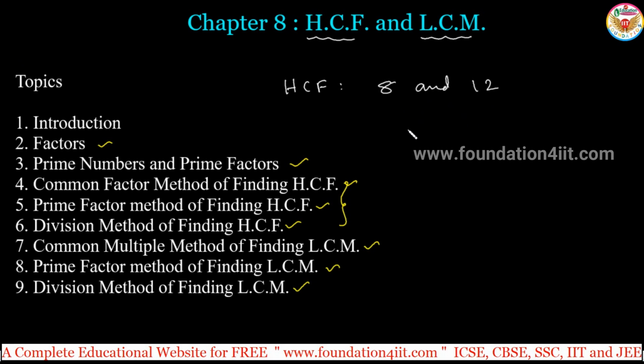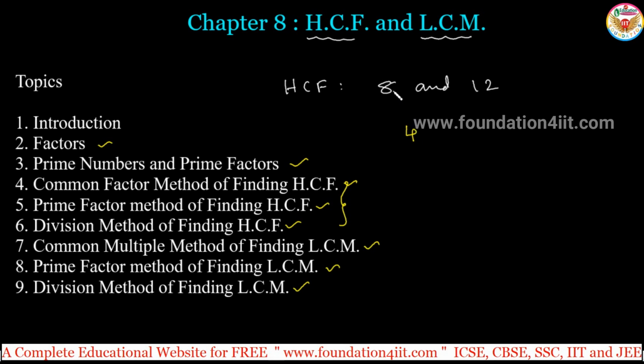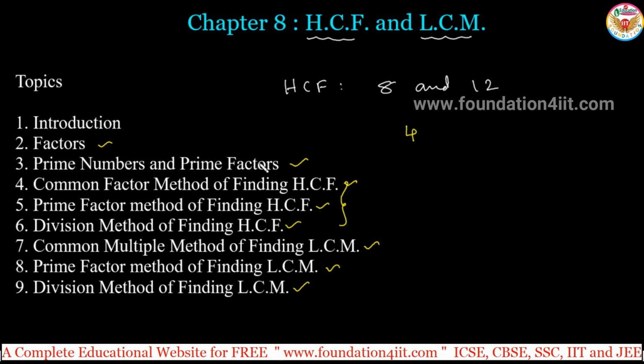The highest common factor is 4, because 4 divides both 8 and 12 completely. That means in the 4 table, both 8 and 12 are there. So among the common factors of 8 and 12, 4 is the highest. When you see it topic-wise, you'll understand clearly.